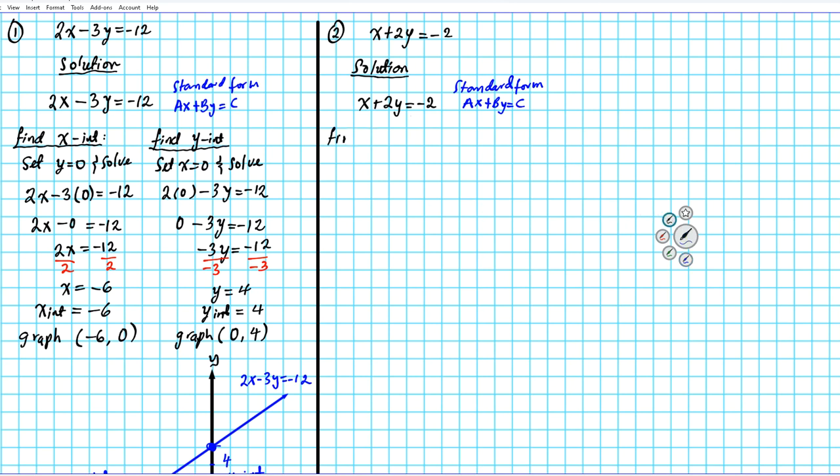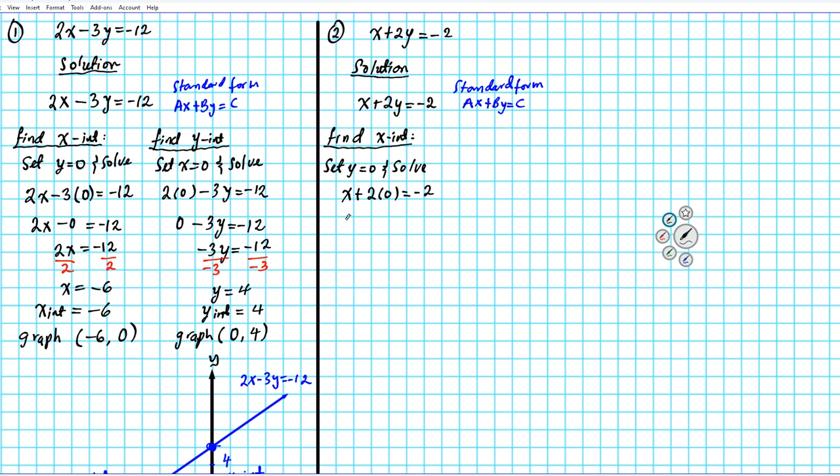All right. Okay, now let's find the intercepts. First, we're going to find the x-intercept. To find the x-intercept, you're going to set the other variable y to 0 and solve. Okay, so we're going to have x plus 2 times 0 is equal to negative 2.